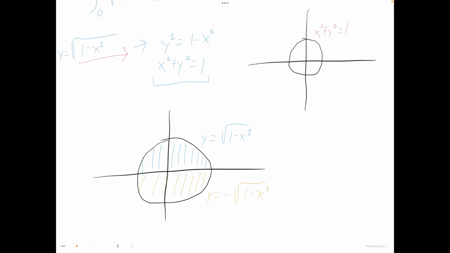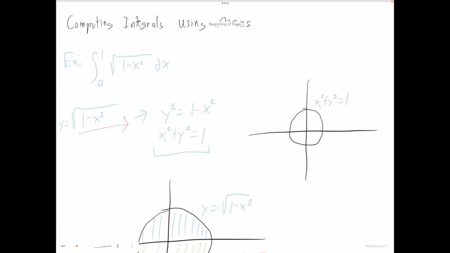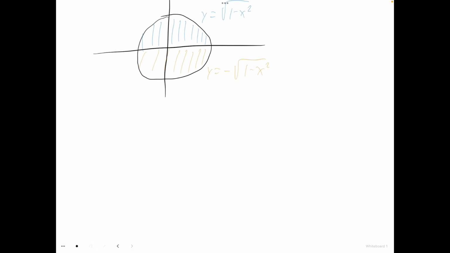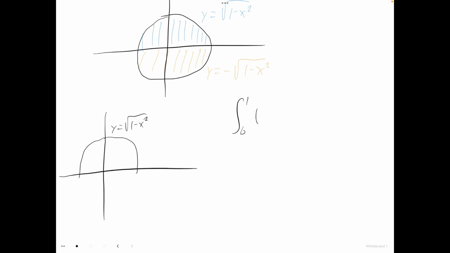Okay, and so what we're looking at then is the graph of the square root of 1 minus x squared, which is just the top half here. And we wanted the integral from 0 to 1, so drawing our picture one more time, we have the graph of y equals the square root of 1 minus x squared, and we want the integral from 0 to 1 of this, which is just going to give us the area from 0 to 1 under the curve.